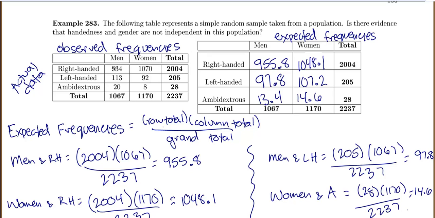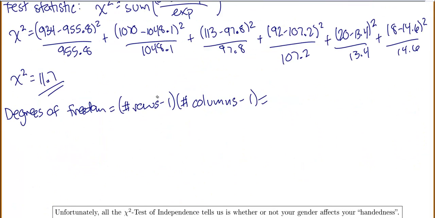So when we say number of rows, there's 1, 2, 3 rows and just 2 columns. So it's going to be 3 minus 1 times 2 minus 1. Because we had 3 rows, 2 columns. So we have 2 degrees of freedom.